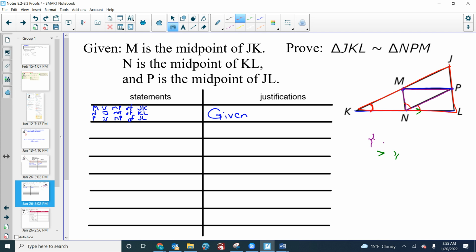This angle is in the triangle we're trying to prove similar. But we would want to match it up with one of these angles inside of this triangle. Yeah, so it'd say MPN is congruent to JKL. Why? Alternate interior angles, then corresponding angles.